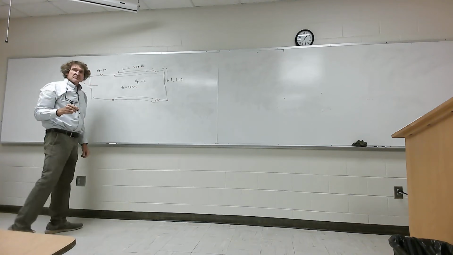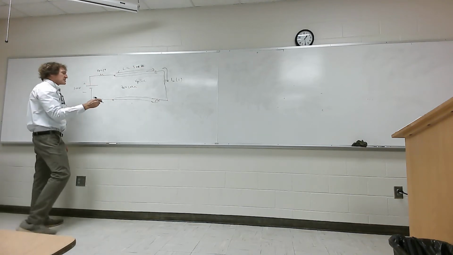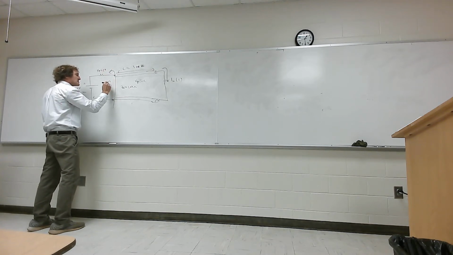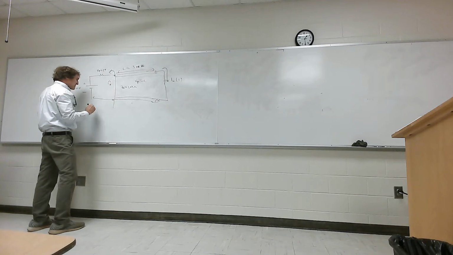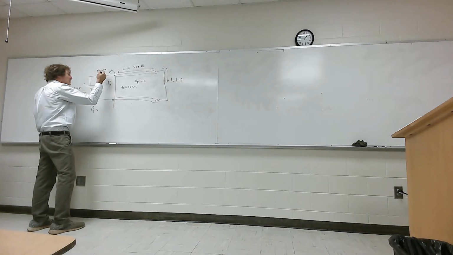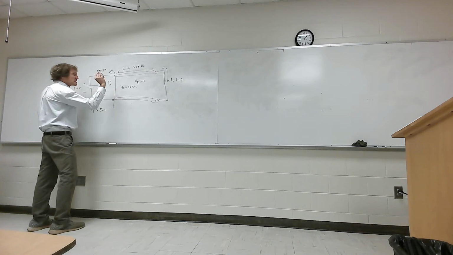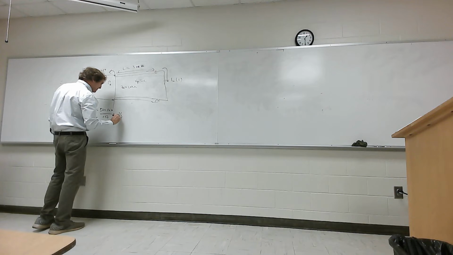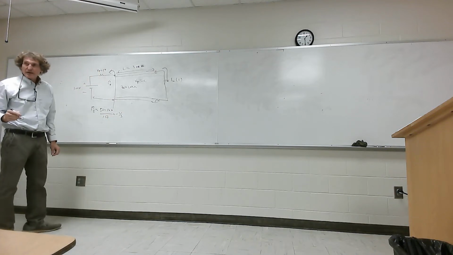We'll go through this methodically. So, first thing I'm gonna do is get the reflection coefficient here. And that's at the source end, so what would that be? 50 minus 100 over 150, so that's minus 1/3. Do you agree with that, everyone?